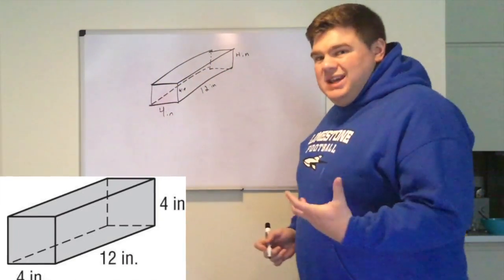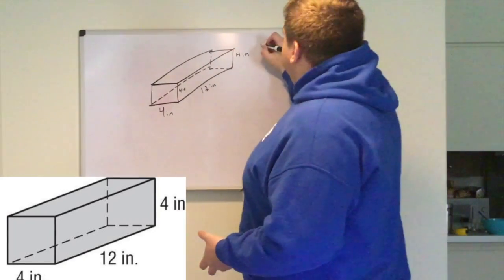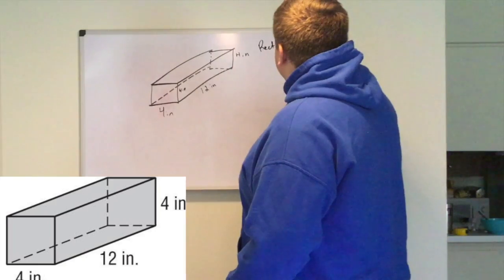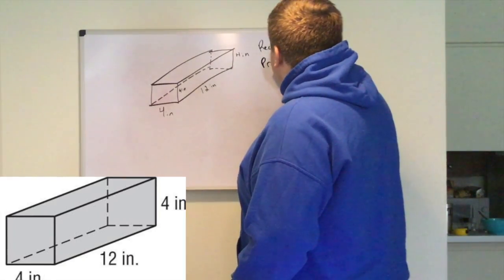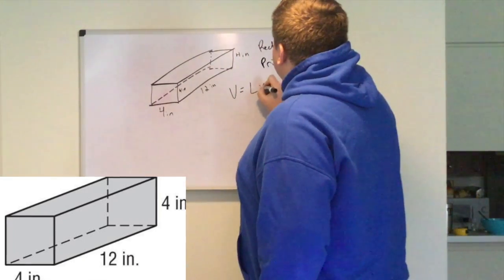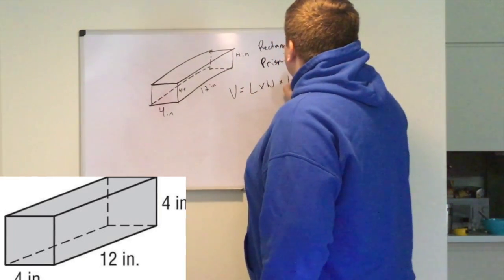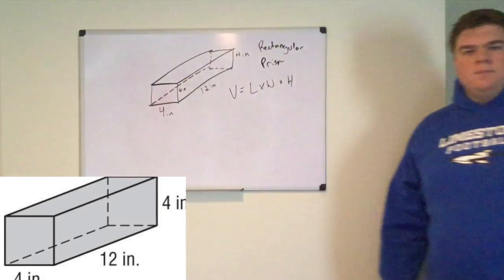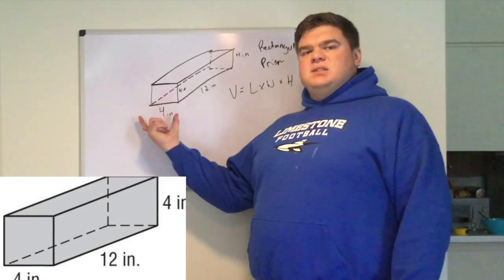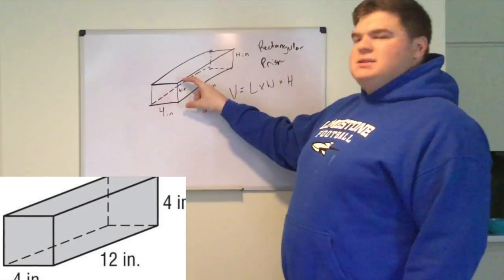All right, so in the case of a rectangular prism, our volume is simply length times width times height.